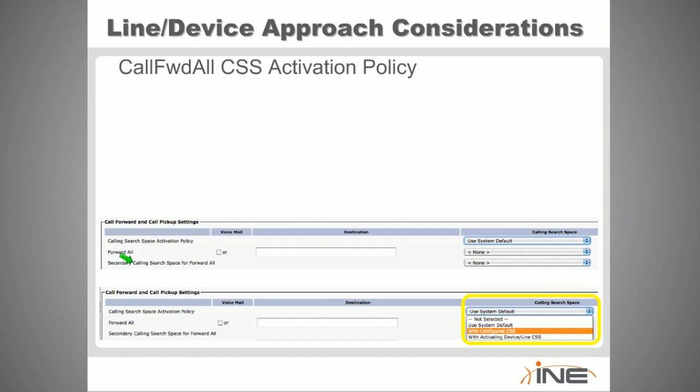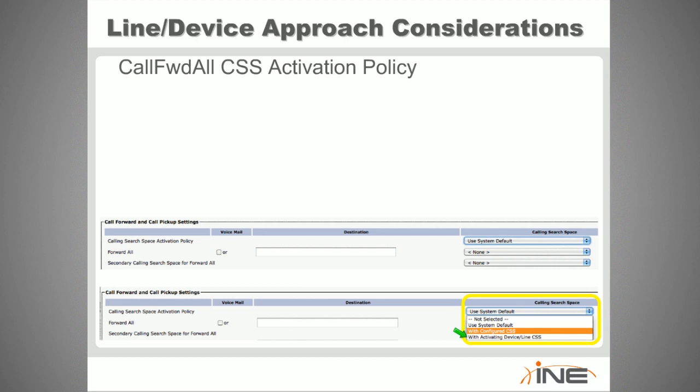The calling search space activation policy is by default use system default, or I can say with configured CSS, which is whatever I put here and here, or just here. I can either have just the primary CSS if I want, or I can put both. That's the policy with configured CSS.